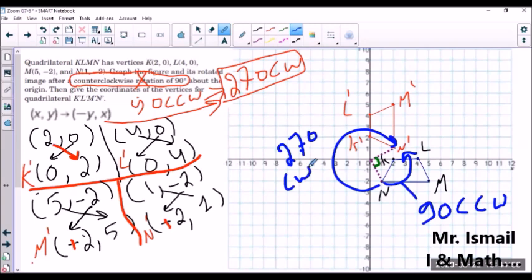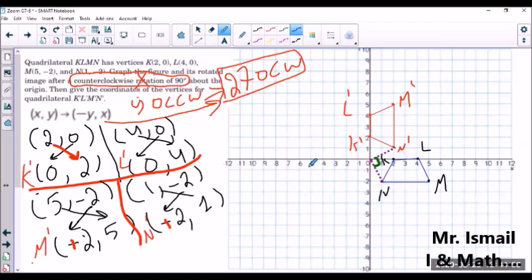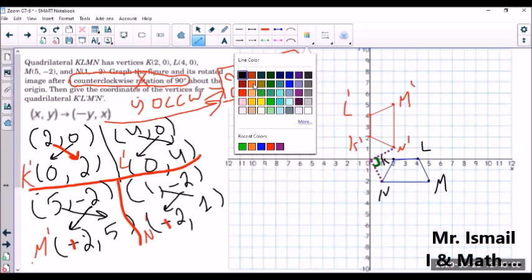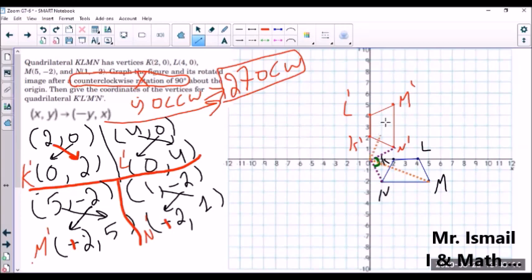If you want us to choose another point, let's see. Point M, let's choose point M. Now rotate around the origin. You see this is the 90.